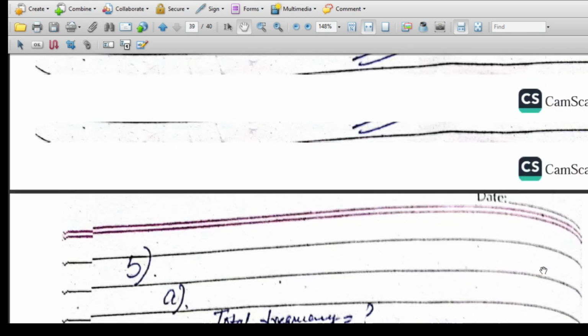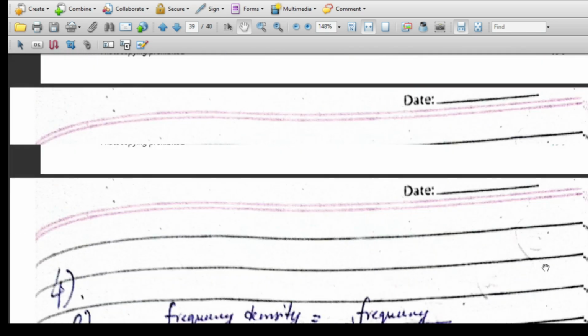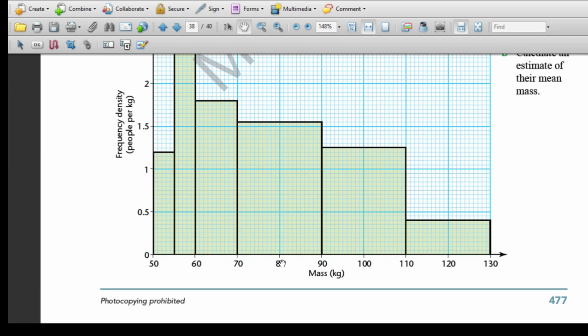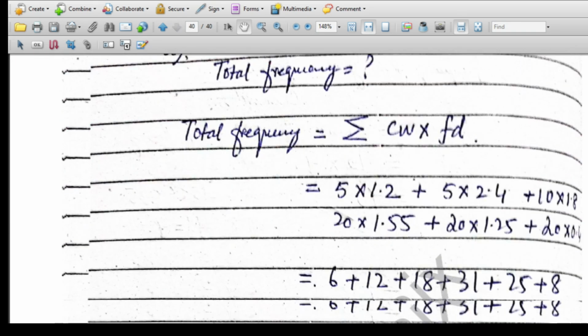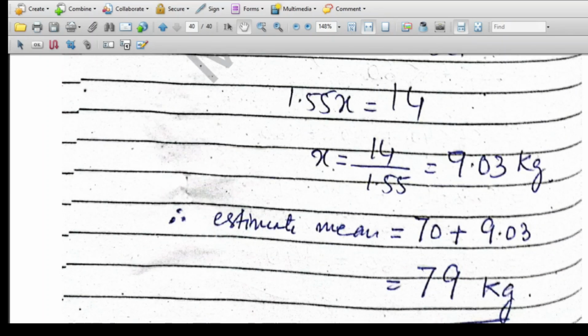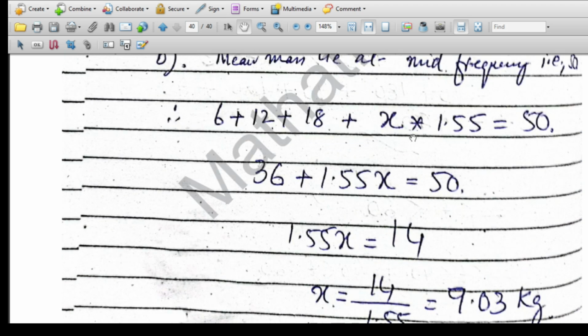So up to this value, this is 70, and afterwards the frequency increases by 9 kg to obtain the median frequency, which lies in this band around here. So the mean is around 79 kg because of these class widths.